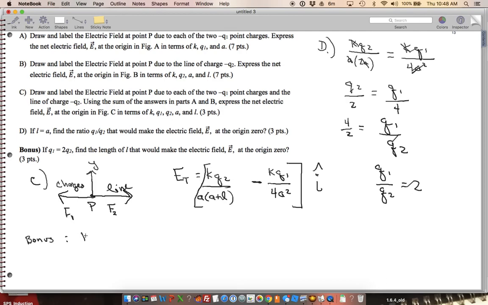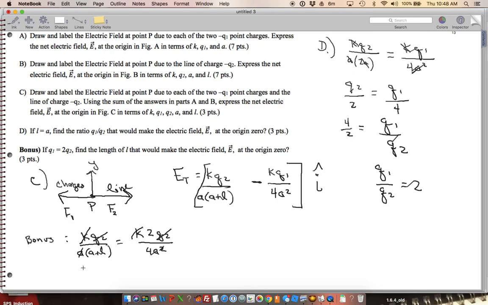We're going to say kQ2 over a times (a plus l) is equal to k, and for Q1 we're going to plug in 2Q2, over 4a squared. Okay, so the k's cancel, the Q2's cancel, and a cancels.